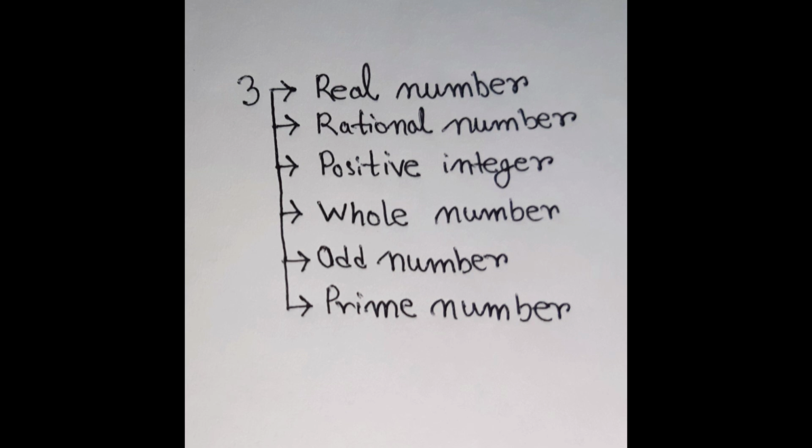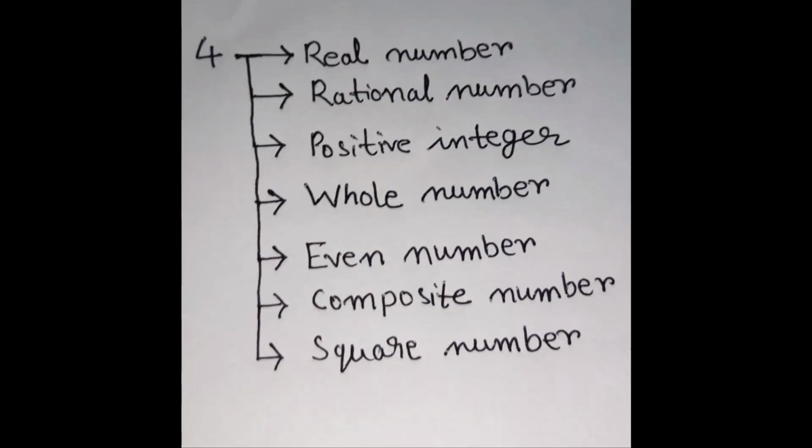Like 3, we also take the number 4. So 4 is a real number and it is a rational number, and 4 is a positive integer and also a whole number. Like 3, 4 has some special characteristics. 4 is an even number and 4 is a composite number, and also 4 is a square number.